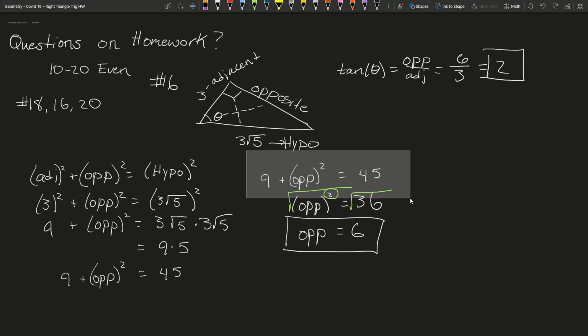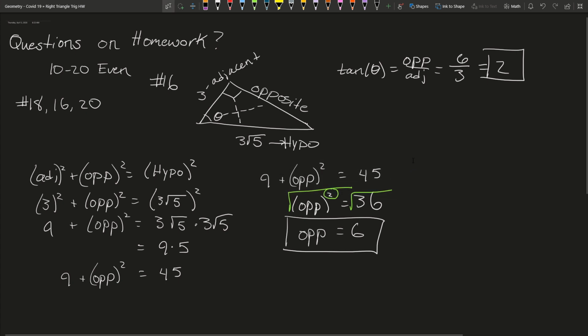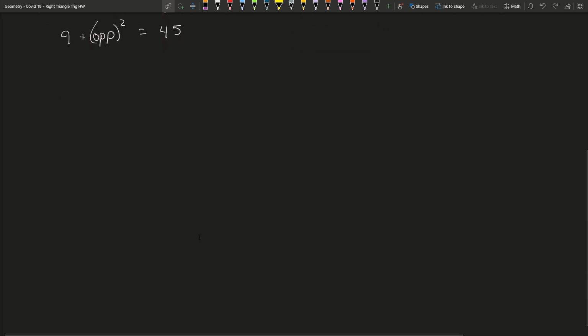Then we take the square root of both sides. Okay, so that's 16. We'll do 18.